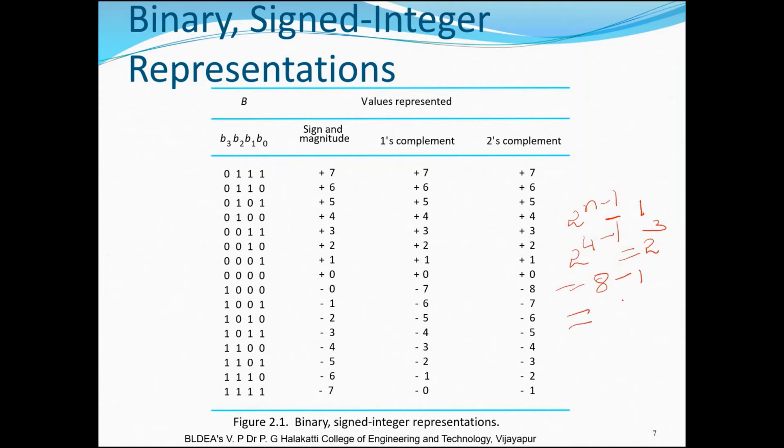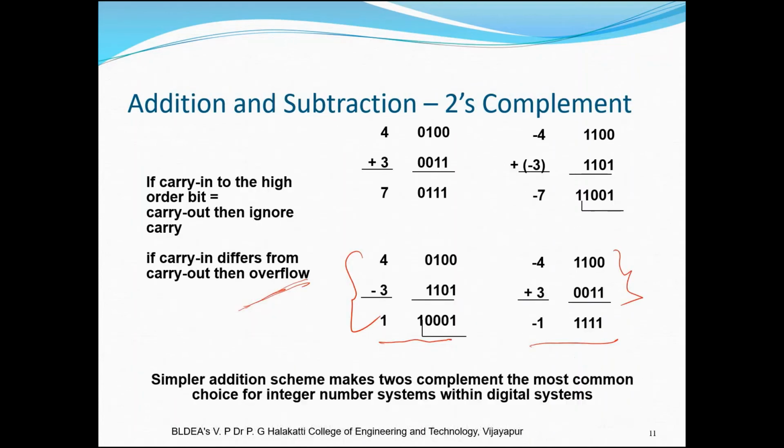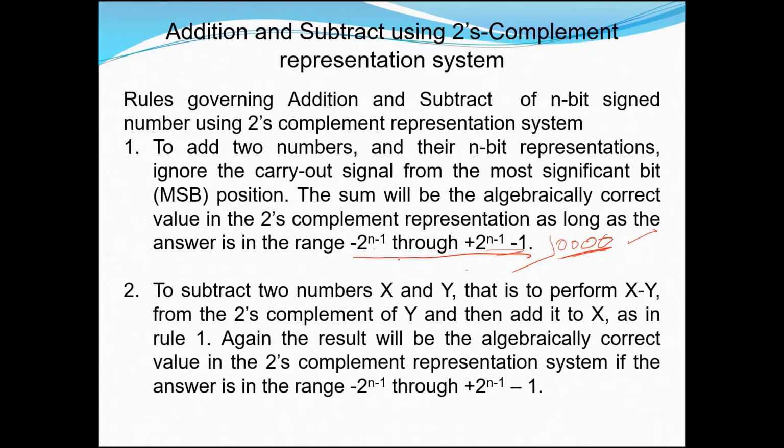So using an n-bit number, I can represent up to 2 raised to n minus 1 minus 1, because I am able to represent only up to plus 7. Whereas for negative numbers, we said I can represent up to 2 raised to n minus 1, that is up to 8. If you see here, we can represent it up to 8. That is why we said that if it is within the range of positive and negative values that can be represented using n bits, the answer is correct.